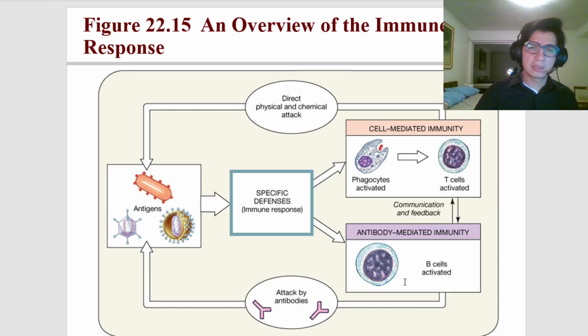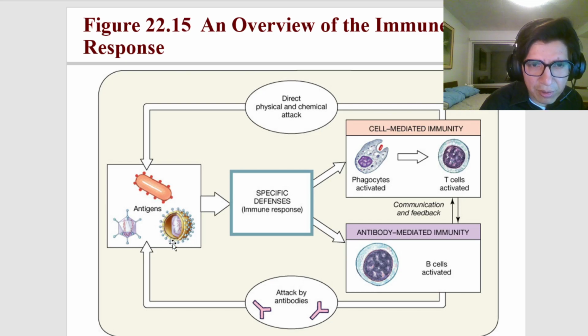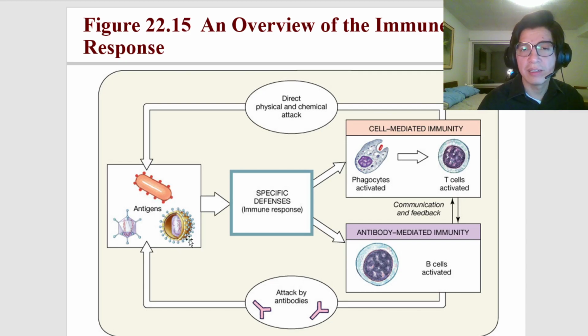Okay, so this is a nice picture of it. Antigens, here they are. This is most likely, is that a coronavirus? I'm not sure. All right, beyond the point. Here you go, specific defenses.